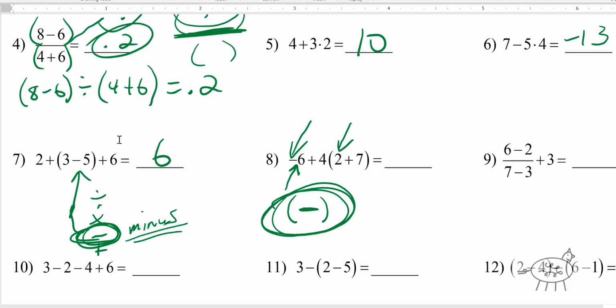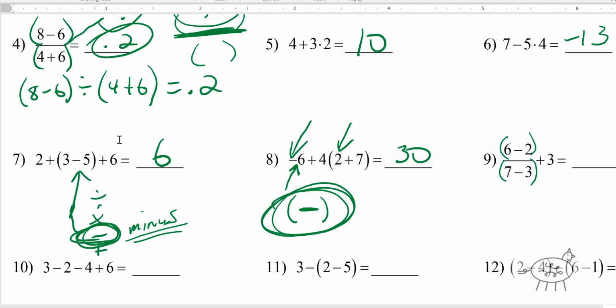So anyway, if I type this in, so negative 6, try it in your calculator. Negative 6 plus 4 parentheses 2 plus 7. That's going to give you 30. Okay, this next one, you've got to use parentheses here. Super important.